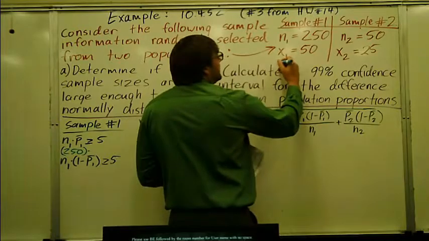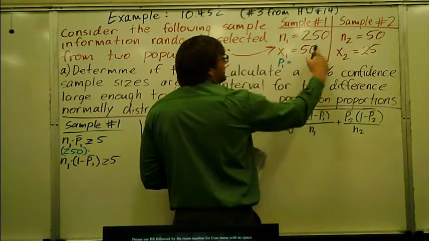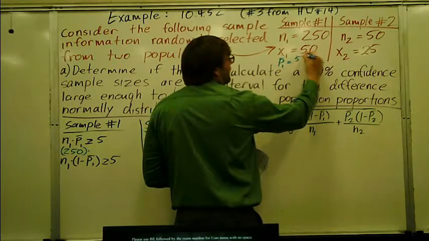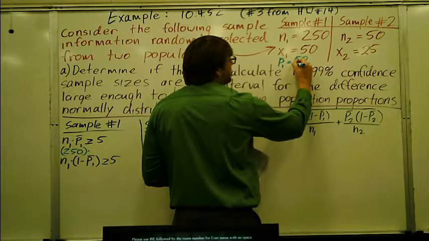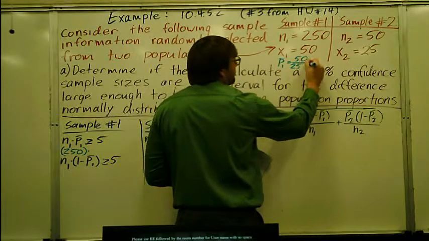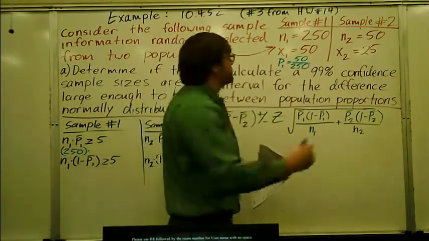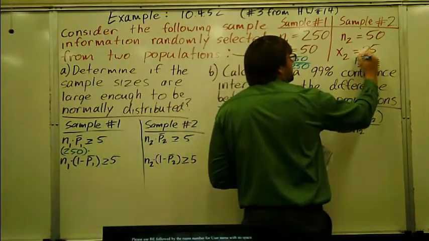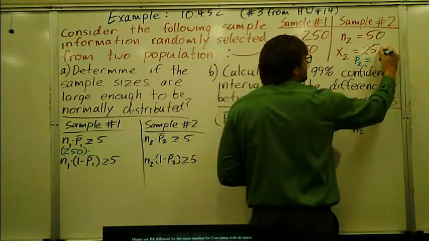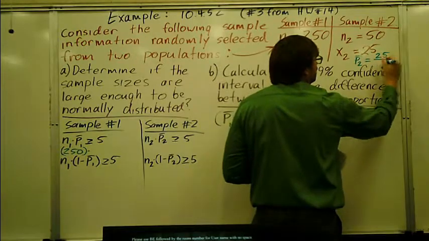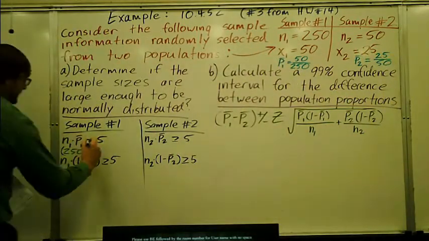Sample proportion number 1, p hat 1, is the number of elements that display the attribute of interest divided by the total number surveyed, so 50 over 250. Then while I'm up here, I'll figure out sample proportion number 2, p hat 2, and that's going to be 25 over 50. Alright, so now we're just going to plug those values in.